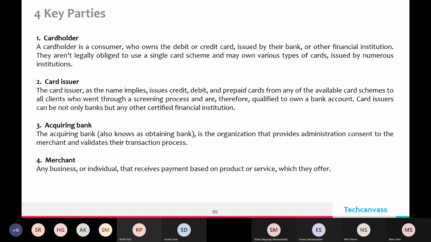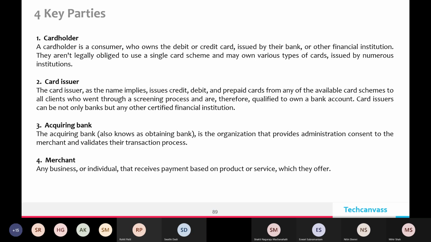So a merchant needs certain kind of POS machine or certain kind of linkage to the banking system. That is done by the acquiring bank. So effectively, the acquiring bank is the one who acquires the merchant, who provides the facility to the merchant to do the transactions.